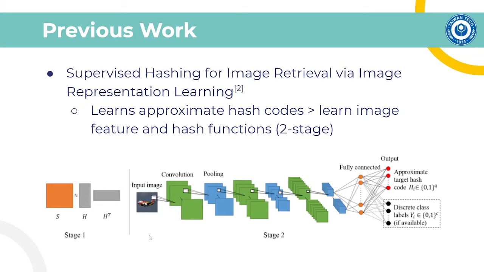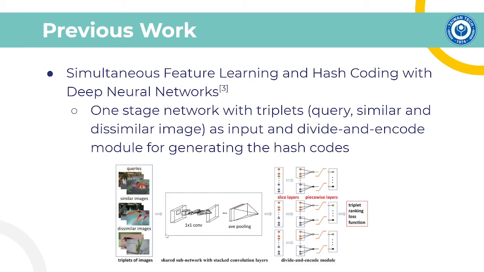And this can be modified into a single-stage network to learn the image feature and the hash code simultaneously. So this is another example of previous work, which is the one-stage network with triplets. We have the key, positive pairs and negative pairs that enter the network.